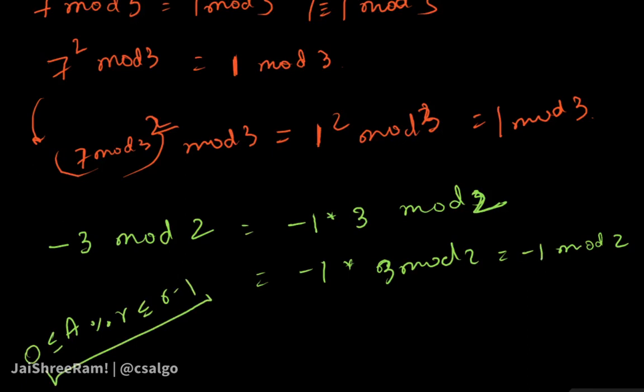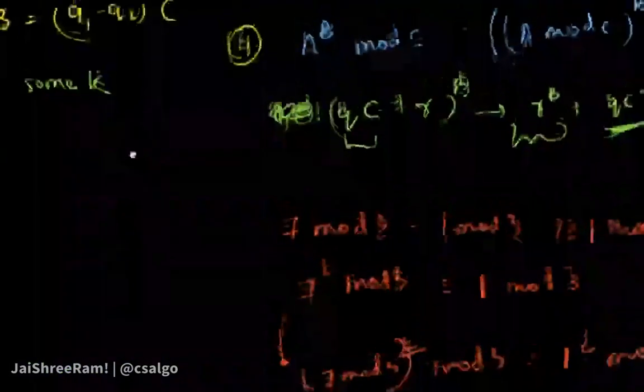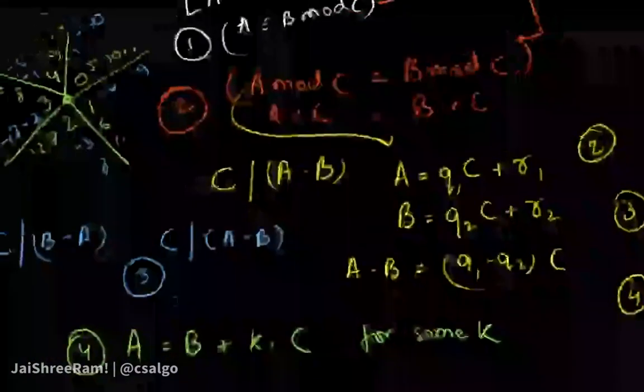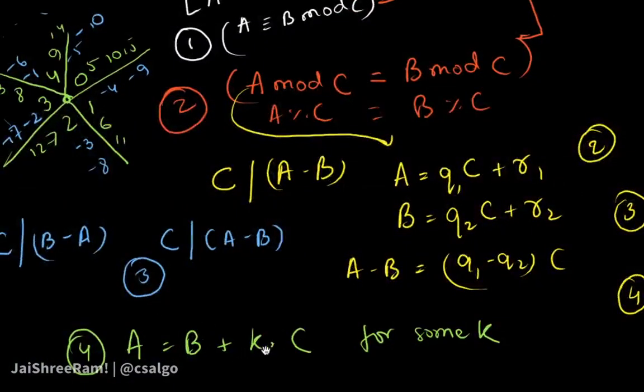Now there is this property that a and b are congruent if you add k times c to it. There was this nice property that even if you add some k times c, the numbers remain congruent.